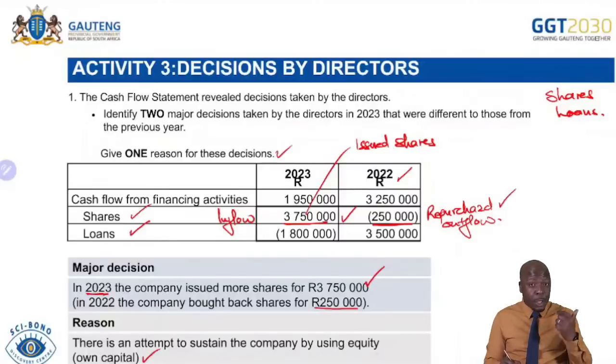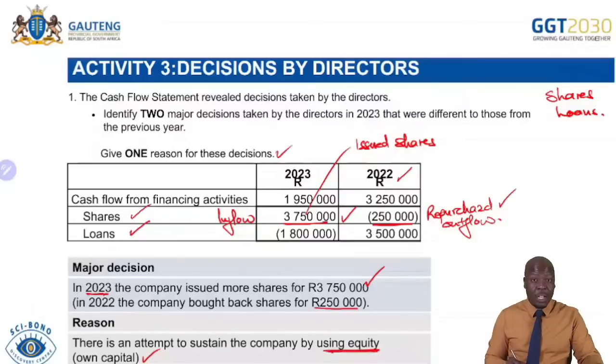Remember, I said two forms of finance: either own equity by issuing shares or borrowed equity through loans. There is a disadvantage with loans and there is an advantage with having own finance. And here there's an attempt to sustain the company by using own equity. All right, we're going to look at that as we continue in today's class.